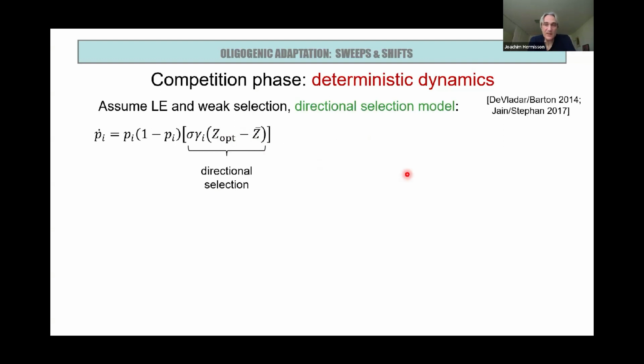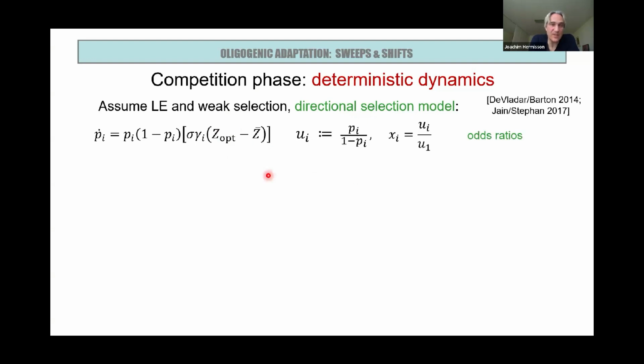So as others have done before, for this first phase, we entirely restrict ourselves to the so-called directional selection model. We ignore this second term. So we have that. And then it is convenient to consider these things not in terms of allele frequencies themselves, but to form odds of allele frequencies and odds ratios.